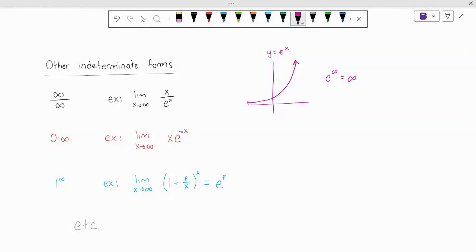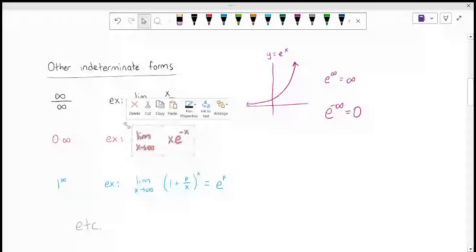So looking at the graph of e to the x, as x, the exponent, gets closer to negative infinity, you see that the exponential approaches 0. So you can roughly think of it as e to the minus infinity is equal to 0. So you're going to get sort of like infinity times 0 if you try to plug in infinity for x into here.